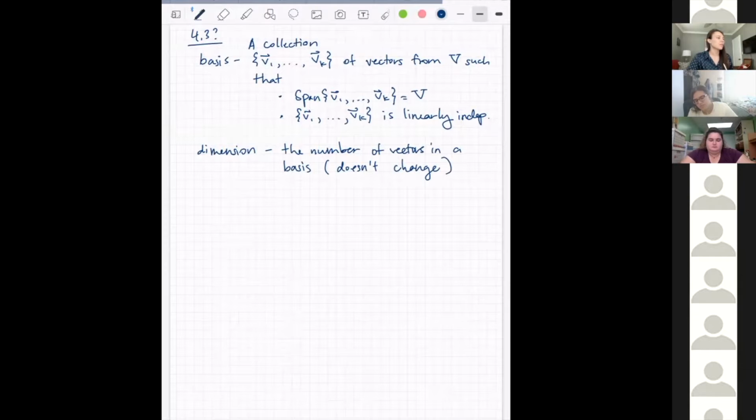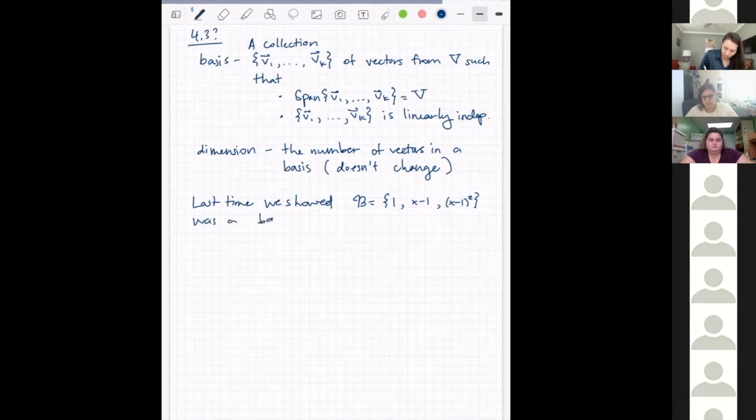Okay. All right, so last time we showed that the collection 1, x minus 1, and x minus 1 squared was a basis for P2.